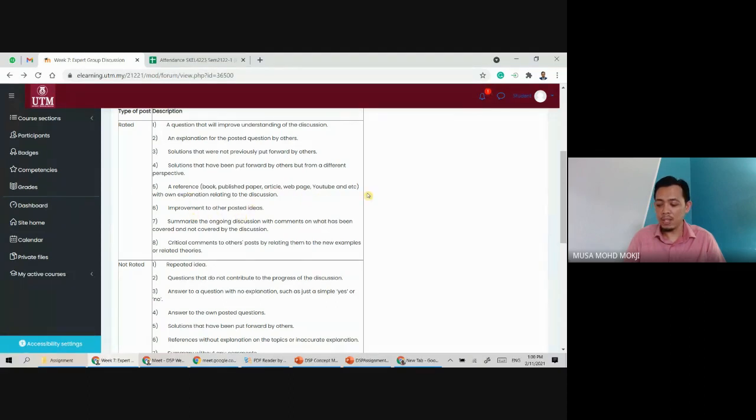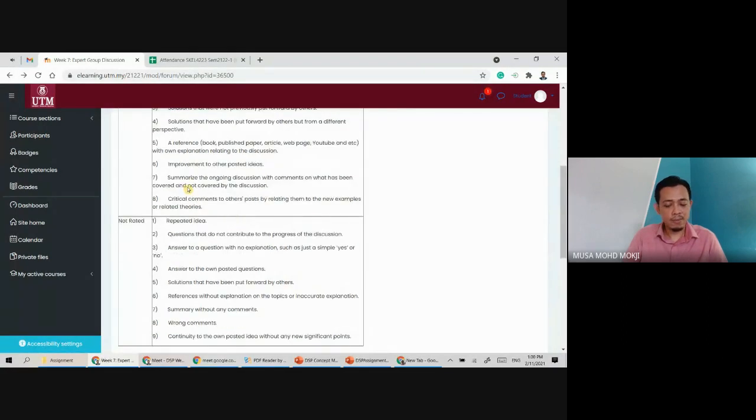So maybe you are doing some visual notes, and you see someone from your friends, and it looks like maybe you can improve something in those notes. This is what improve means. You can summarize. Just look at whatever posts have already been posted by others, and then summarize them.